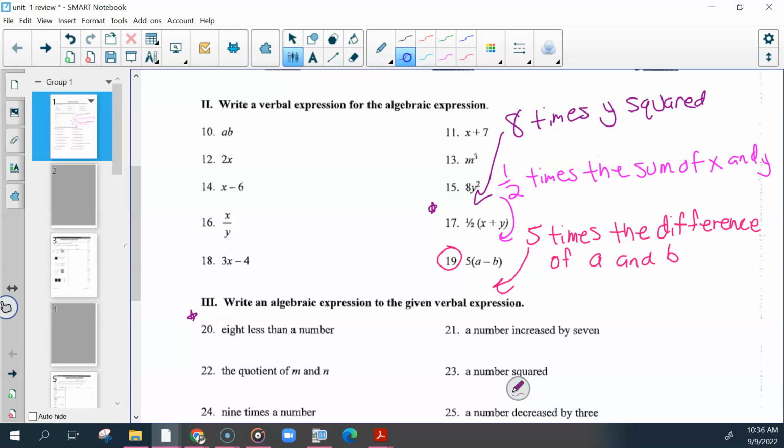Any other review questions we have that we want to go over? This is your chance to ask any last minute confusing questions you may have. If you're still not sure about this.